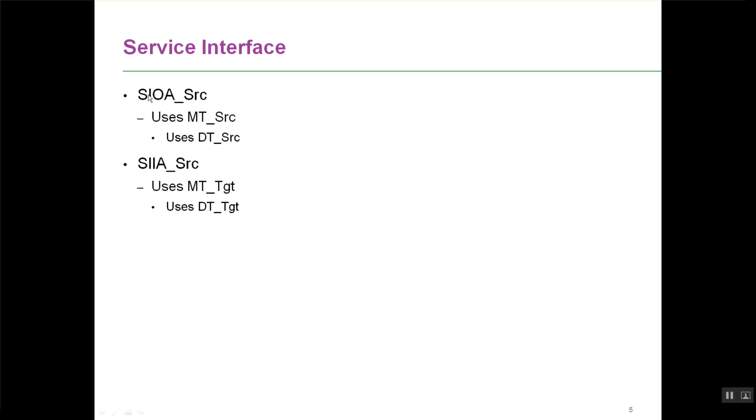Then you would define two service interfaces, one for the sending system and one for the receiving system. So SI_OA, what does this mean? SI stands for service interface, O stands for outbound, A stands for asynchronous. Same way for the target, SI stands for service interface, I stands for inbound, asynchronous.